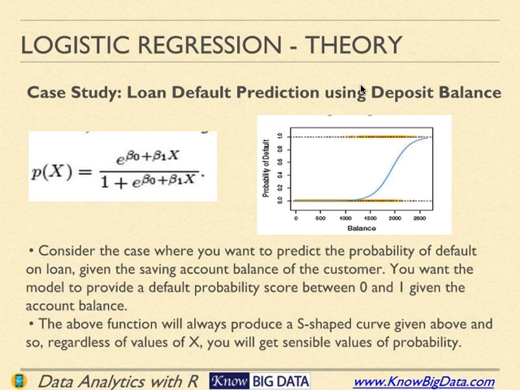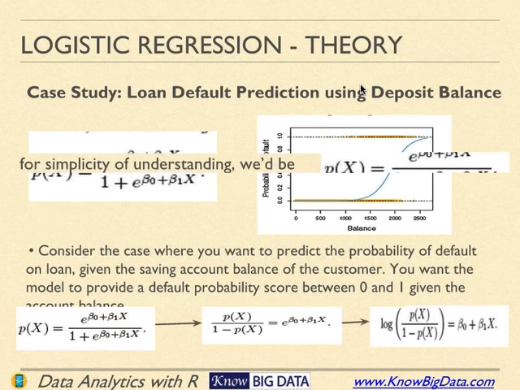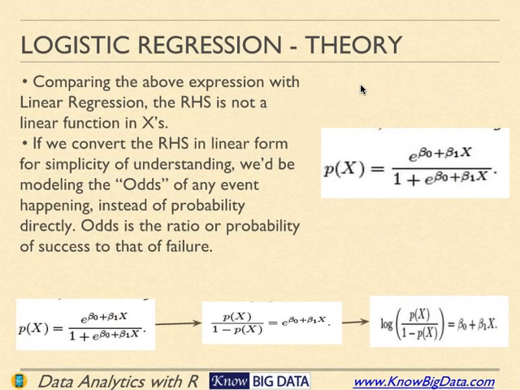You want the model to provide a default probability score between 0 and 1 given the account balance. So we are given the account balance of the users, and we want to prepare a model where we can predict whether a user will default or not on their loans based on the account balance.